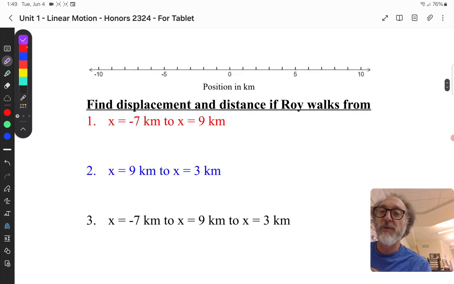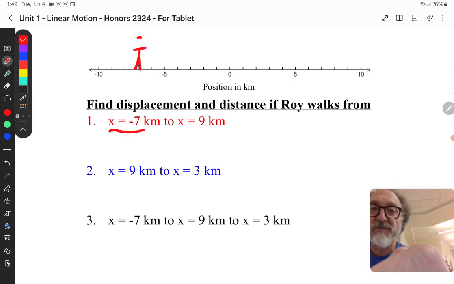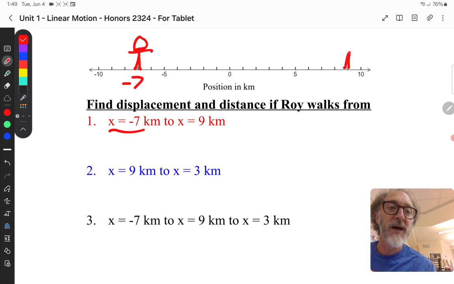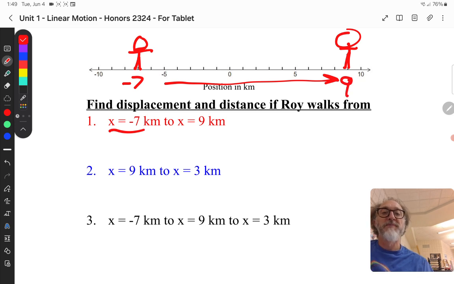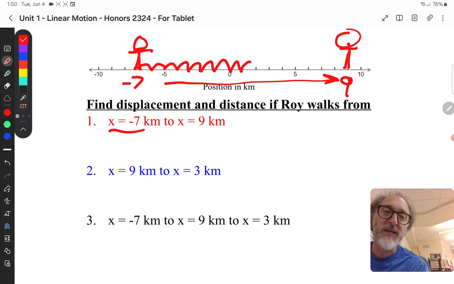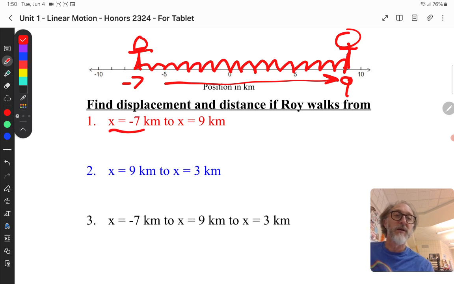In this example, my dude is going to go from a position of -7 to a position of +9. So what's the displacement? Well, you could count. He went 1, 2, 3, 4, 5, 6, 7, 8, 9, 10, 11, 12, 13, 14, 15, 16 kilometers, right?